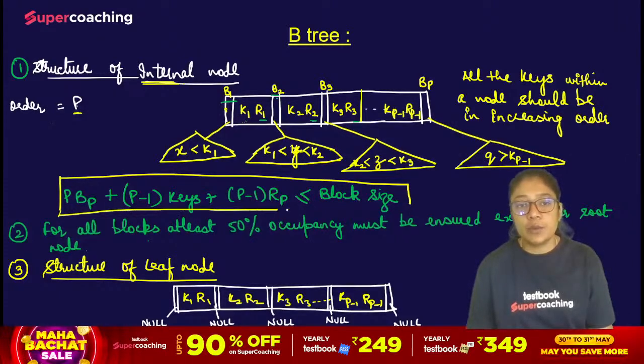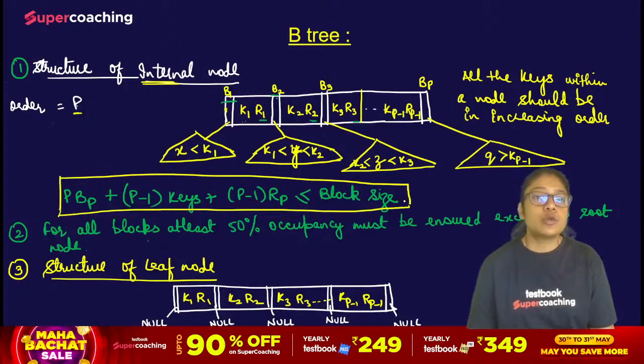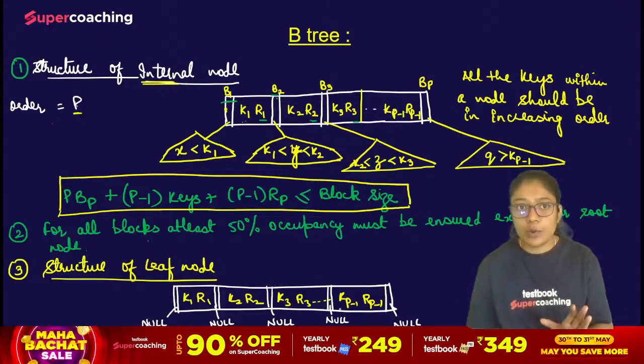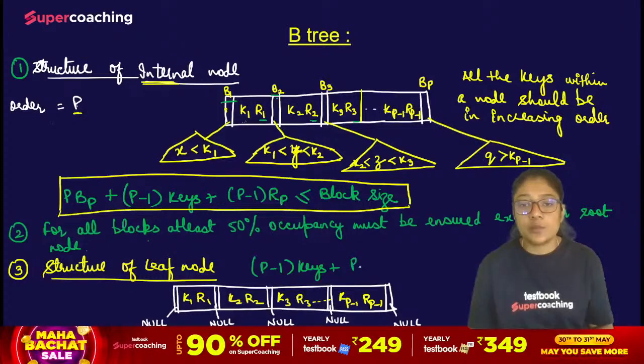If you are comfortable with the structure of a node, you don't need to worry about what the formula will be. You can easily write the formula. What will be the formula here? In a leaf node there is no block pointer, and we have P minus 1 keys. Corresponding to every key we have a record pointer. So P minus 1 record pointers are also there, and it should fit into one block.